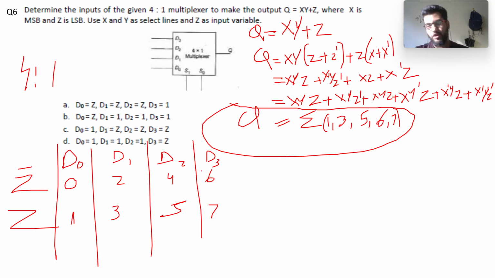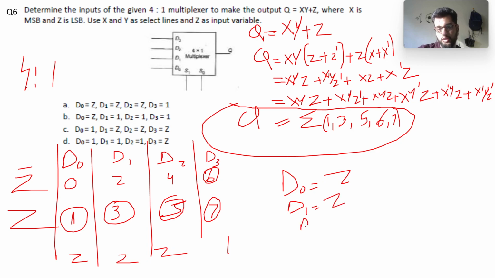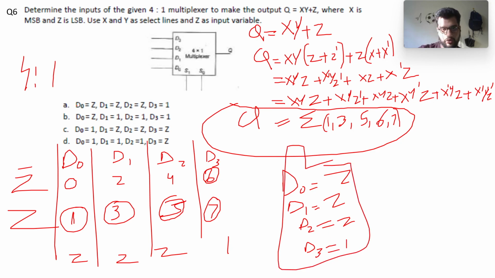Now I'll encircle all those terms which are present in the expression: 1, 3, 5, and 6, 7. So I'll get Z, Z, Z, and here I'll get 1. So D0 is Z, D1 is Z, D2 is Z, and D3 is 1. So this is the expression I got, that is option A, which is my correct answer.